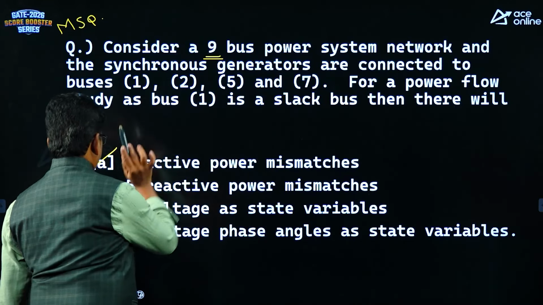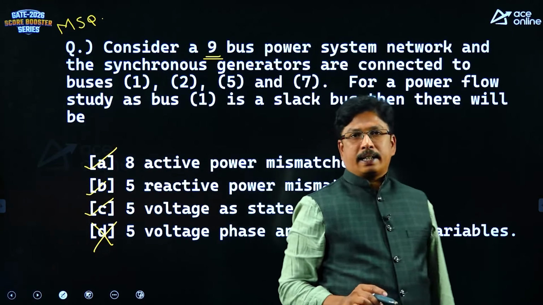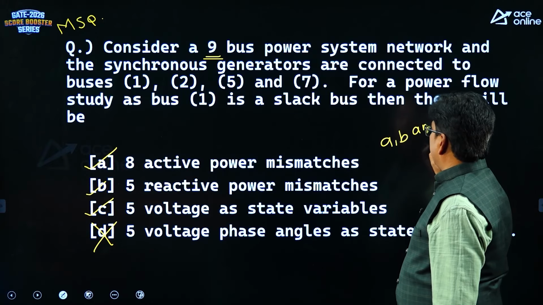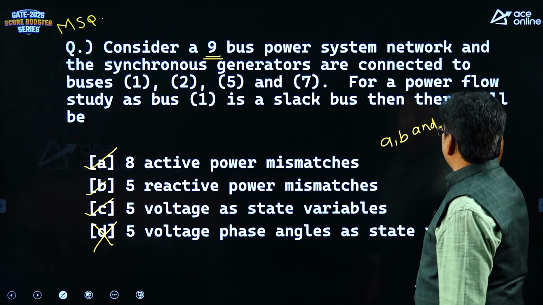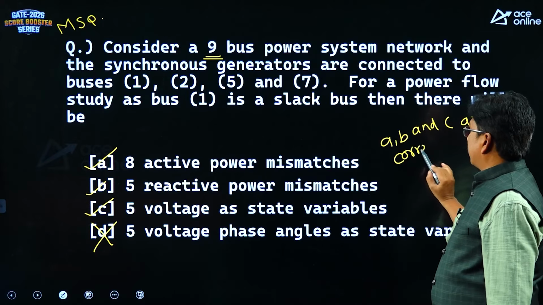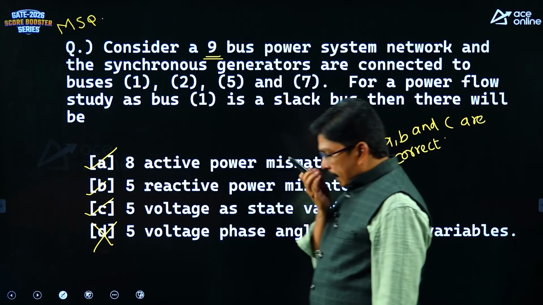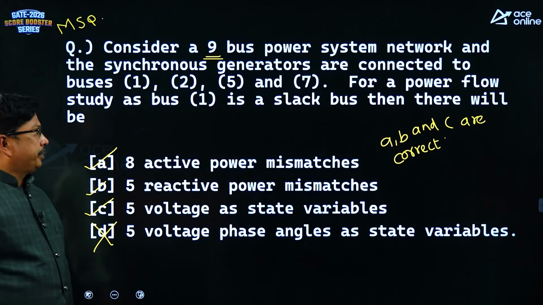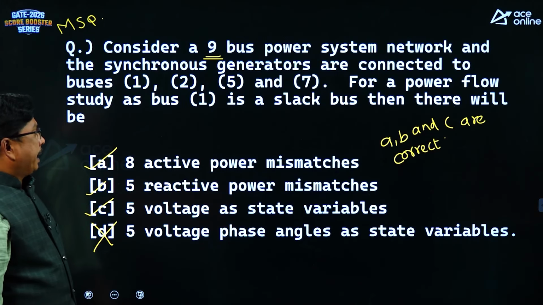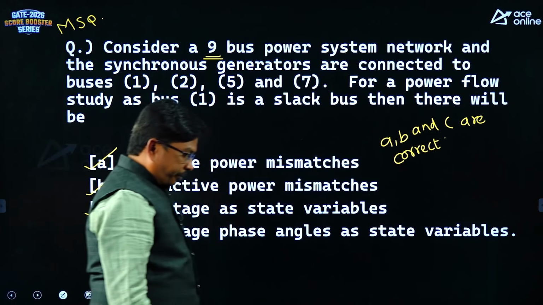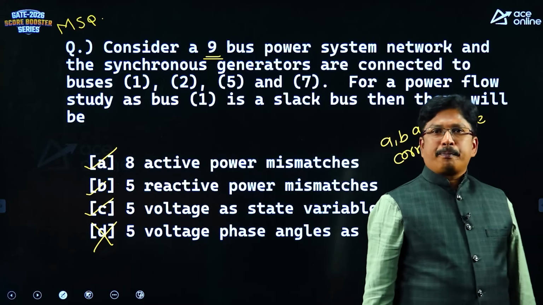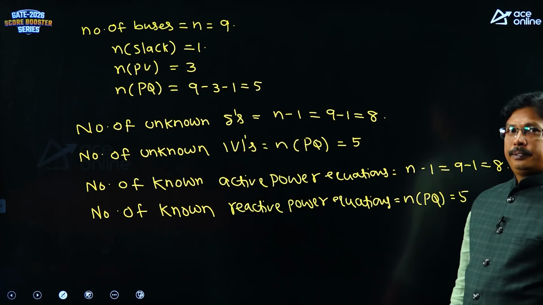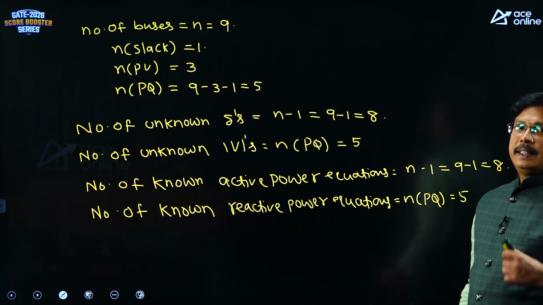So A, B and C are correct. Just go through how we have calculated this. Now we'll see the next question.